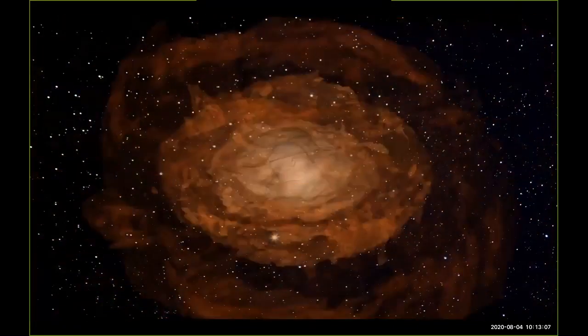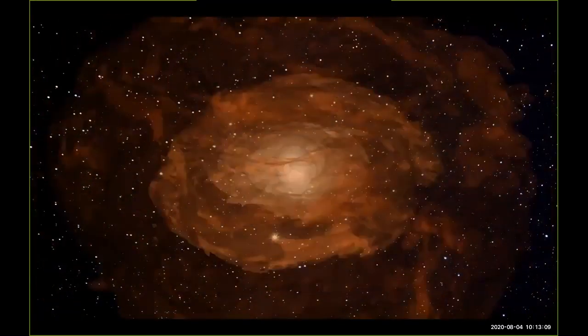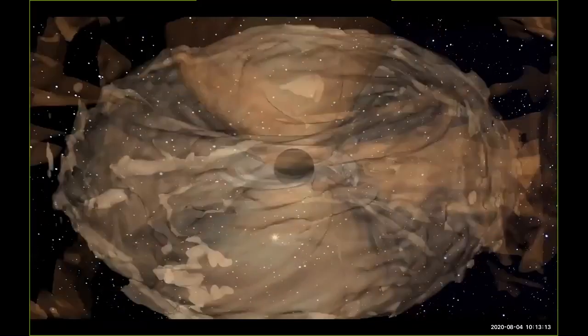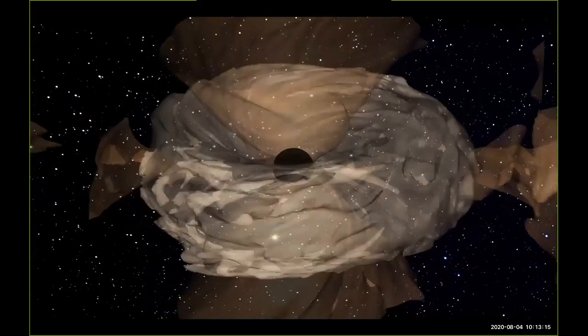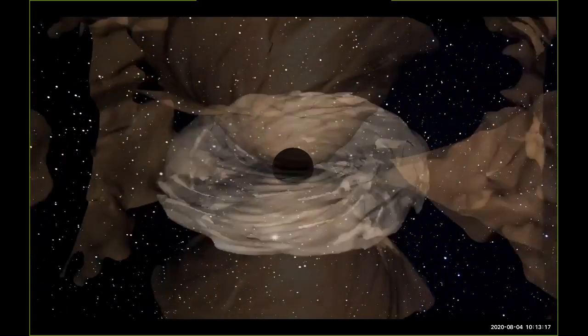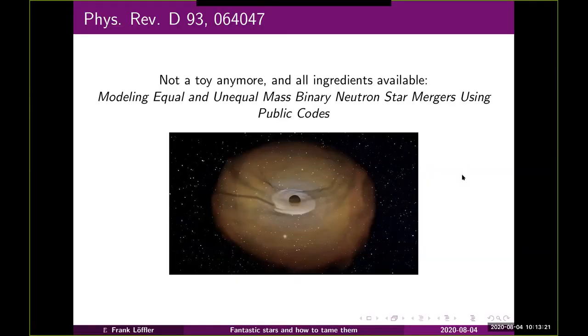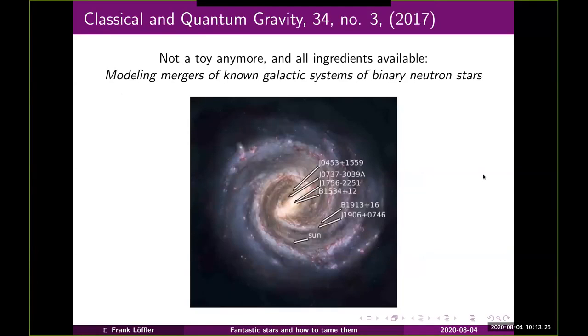You get two neutron stars merging. They are really heavy, but only after some time a black hole forms and you get some matter spinning around, and I'm cutting this short now. You get a torus of, in this case, very low density matter. So that is something you can do with the Einstein toolkit, or at least with big parts of it, and the rest is public as well.